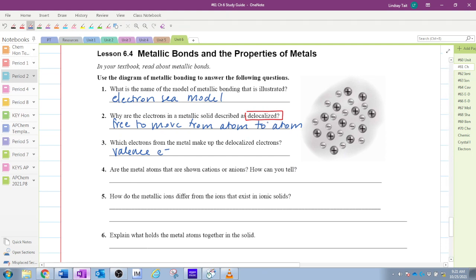So that's going to be a difference here, that in metallic bonding, we would say that the metals do not completely lose their electrons, as they do in ionic solids.